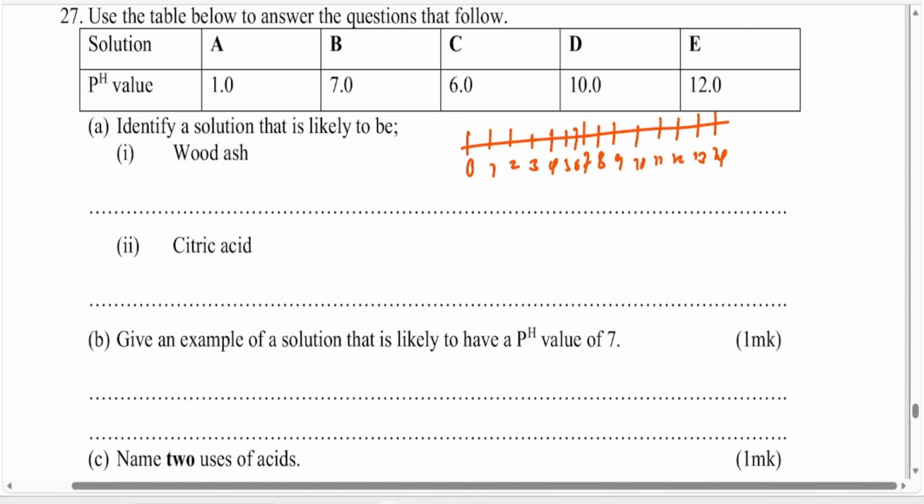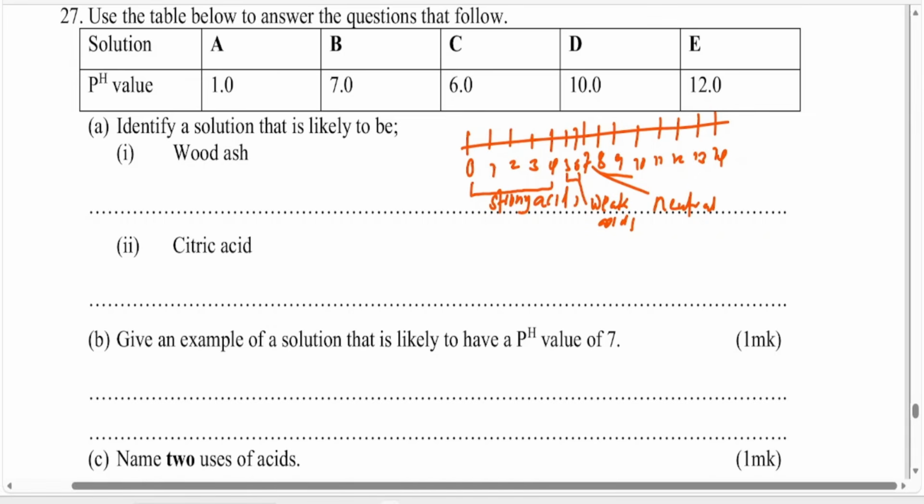From 0 to around 4, those are strong acids. Then from 5 to 6, those are weak acids. Then 7 represents neutral.